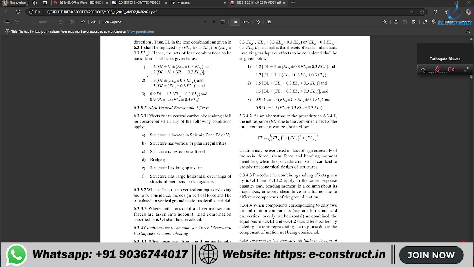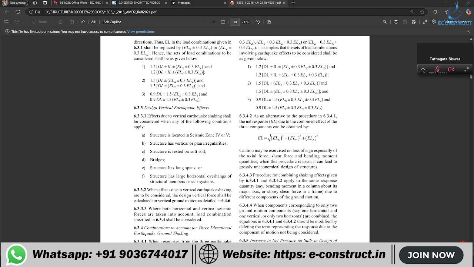Sometimes we need to proceed with this kind of behavior due to certain improper geometry. If the modes are not distinct, inter-mode discussion can start, meaning some modes can be talking to each other, or there would be a certain coupling effect between two modes. So it is not a distinct mode, and that time you need to take the CQC combination.